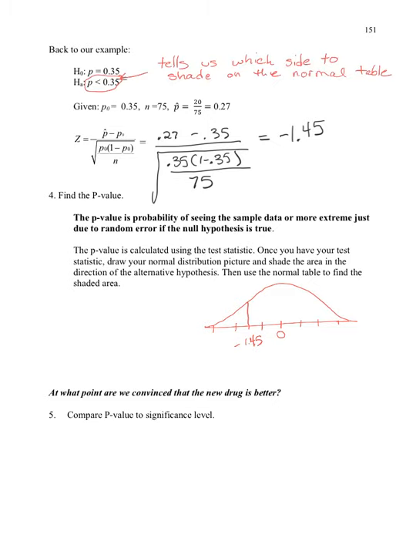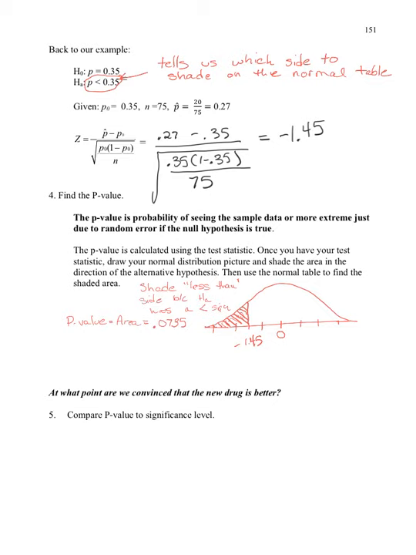And the alternative hypothesis tells us which side to shade on the normal table. Since our alternative said that p was less than 0.35, we're going to shade the less than side because the alternative hypothesis has a less than sign. And the p-value equals this area here.